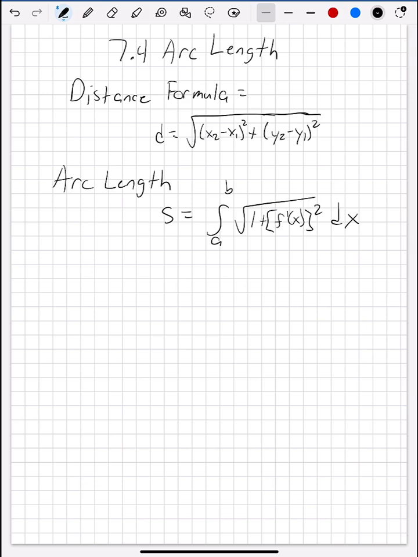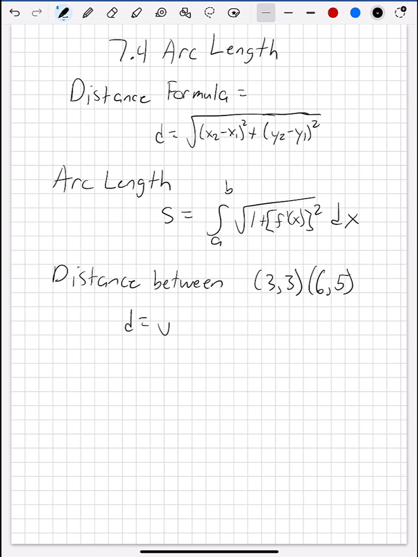So let's look at a distance between 2 points. Let's go with the points (3, 3) and (6, 5).